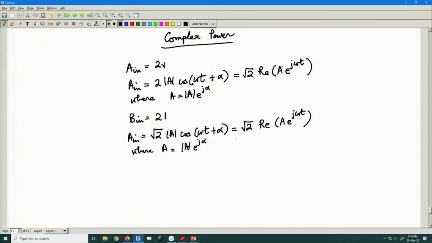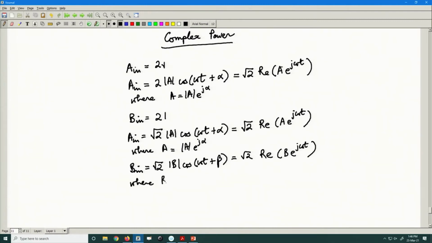Similarly, B instantaneous is root 2 mod B cos omega t plus beta, that is root 2 real part of B e to the power j omega t, where B equals mod B e to the power j beta.